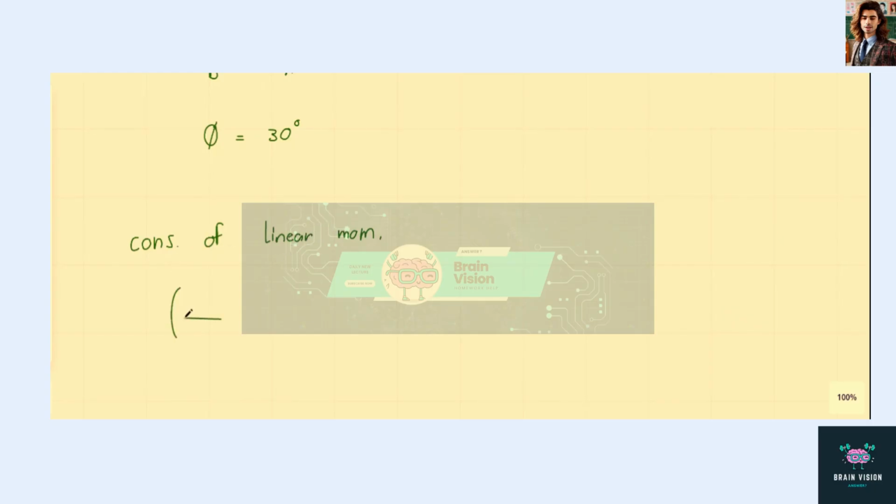So if we take the left direction as positive, the initial momentum of the football in the x direction, m vbx, before it collides with the ground, is equal to its momentum after it collides with the ground, m v prime bx.